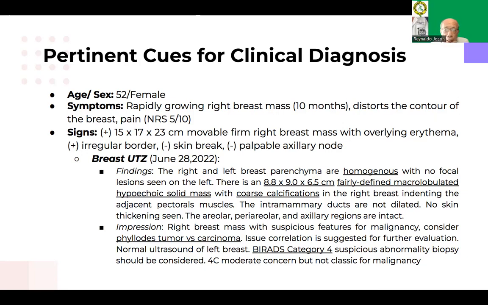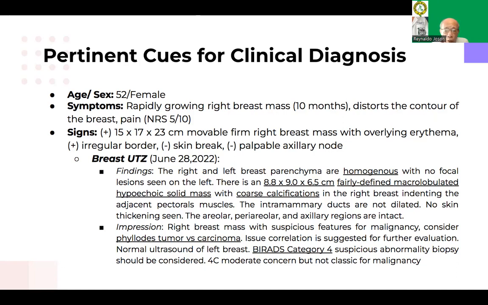Okay, kung may cystic areas, you would really consider phylloides, di ba? Kung may cystic areas, na? Pero wala siyang nabanggit na cystic areas. So your possible consideration is a carcinoma, no?